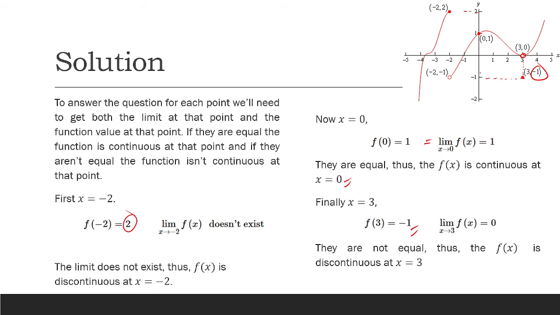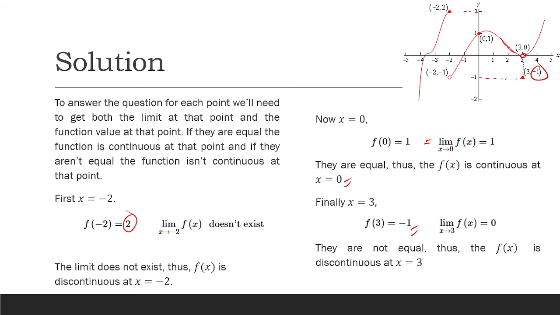Next, we now try to find the limit of f of x as x approaches 3. Kung manggagaling tayo sa left-hand side, halimbawa, galing tayo sa left, papuntang 3, we can see that we are approaching a value of f of x that is equal to 0.